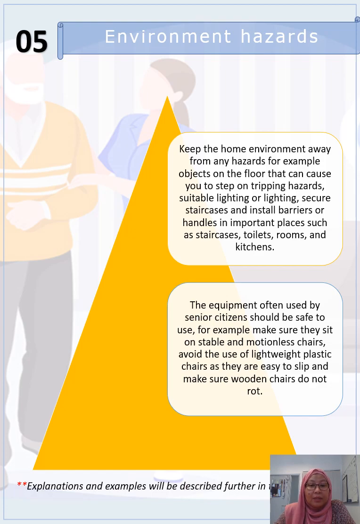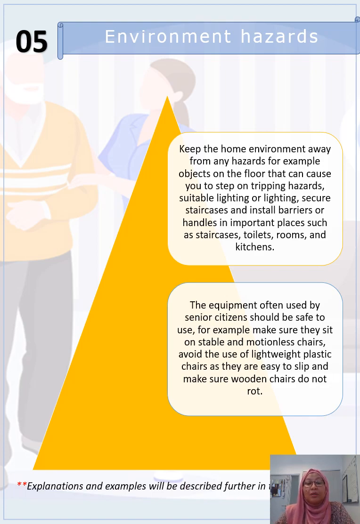Use suitable lighting, secure staircases, and install barriers or handles in important areas, such as the staircase, where the elderly normally use it to go up and down, the toilets, the bedrooms, and the kitchens.